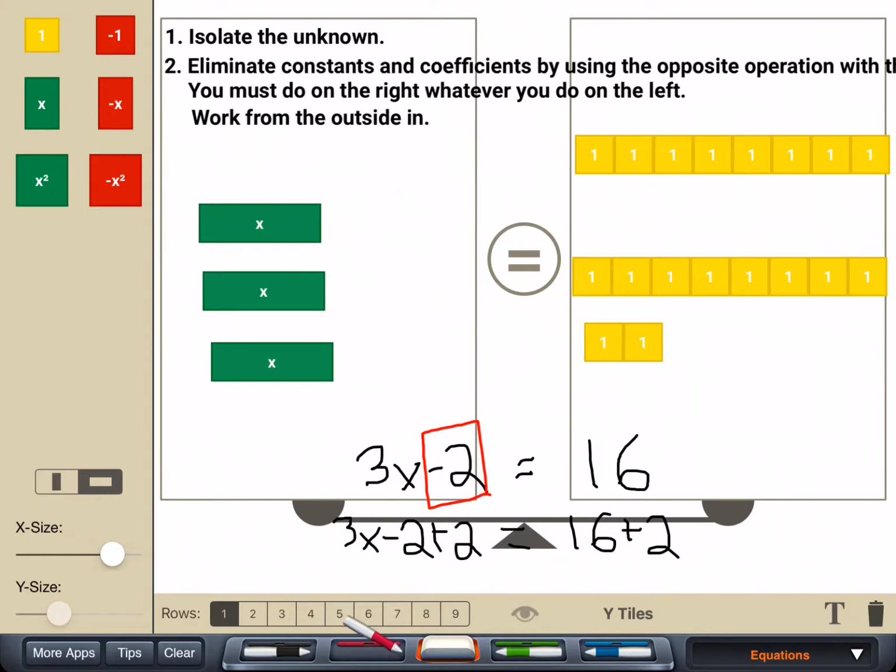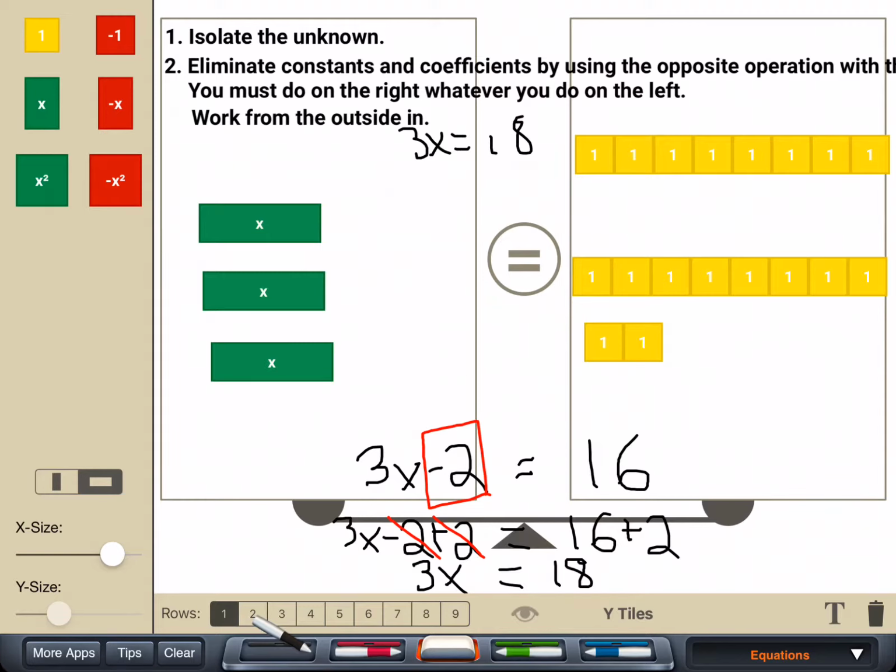So we can just think of these as being eliminated, because when you take 2 away from a number, but then you add that 2 back, you end up with the same number, which in this case is 3x. And over on the other side, it's a bit easier. I had 16, I added 2, and now I have 18. Okay? Now I'm running out of space here, so I'm just going to copy this up here.